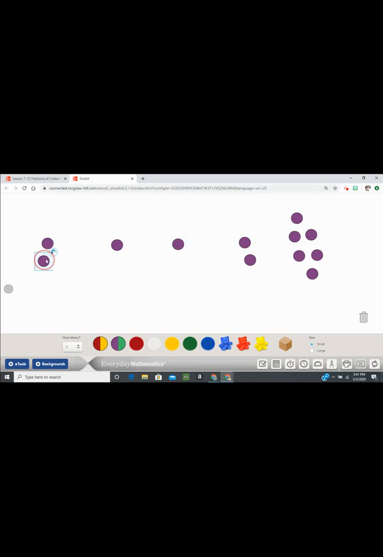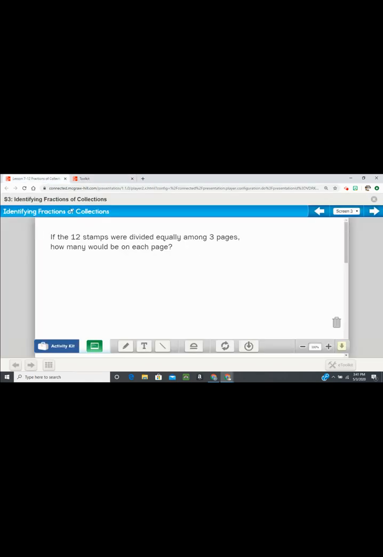We could do the same strategy of moving our counters in place. Now we know that 12 stamps shared equally among the 3 different pages would have 4 stamps on each one.